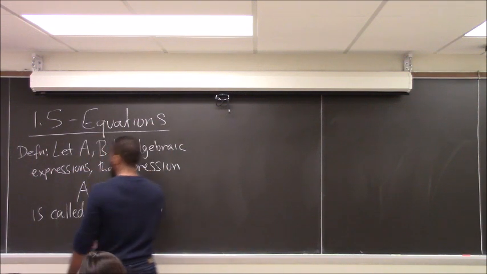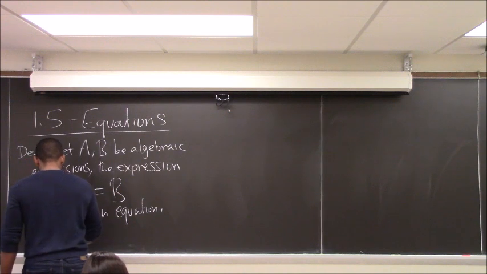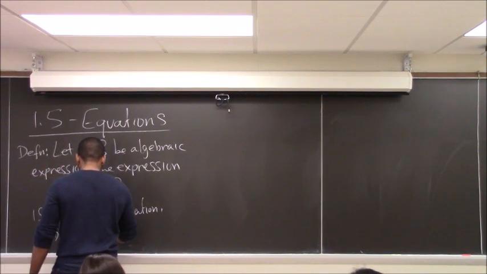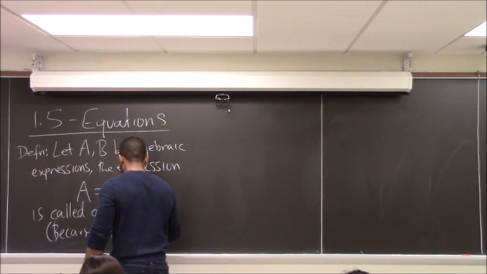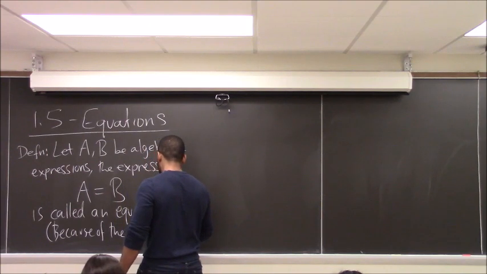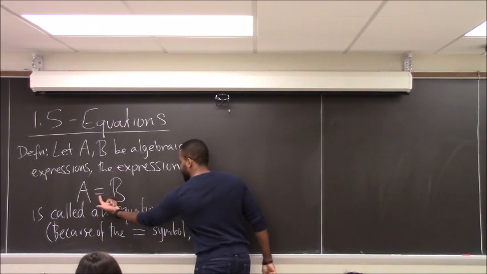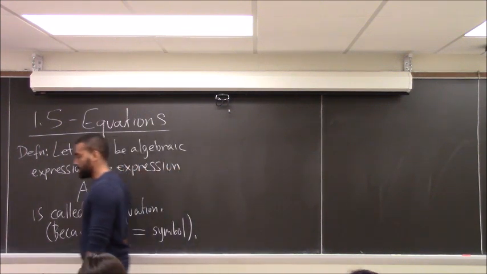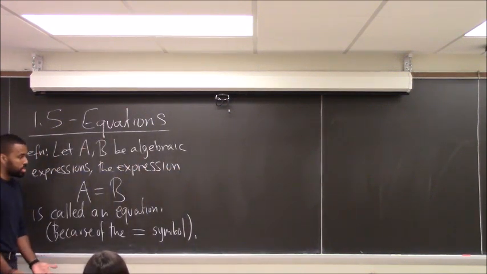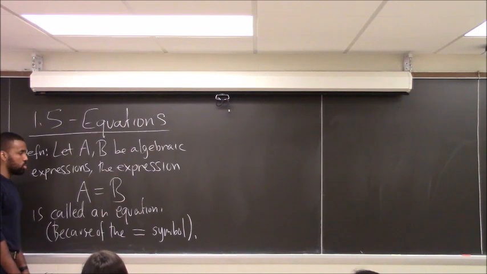It's called an equation because of the equal symbol. So if it doesn't have that symbol, it's not an equation. If it doesn't have that symbol, it automatically means there are some things you're not allowed to do, and some things you are allowed to do.